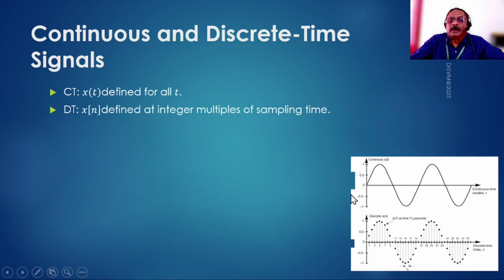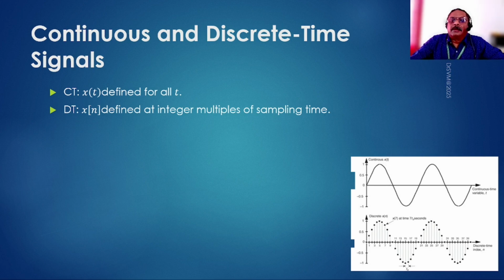Same, another example. So that's a continuous domain and that's a discrete domain. At discrete domain, if you look at it, then we have the signal measured only at a particular instance, that is an integral multiple of sample times, whereas in continuous domain a signal is available at every instant.